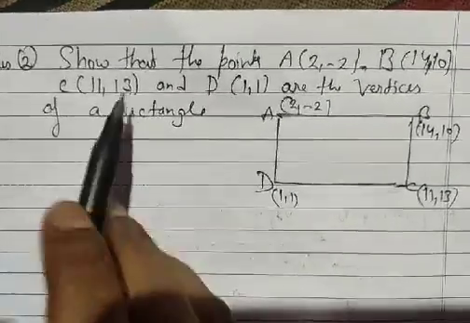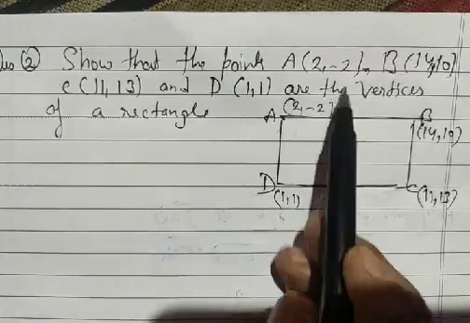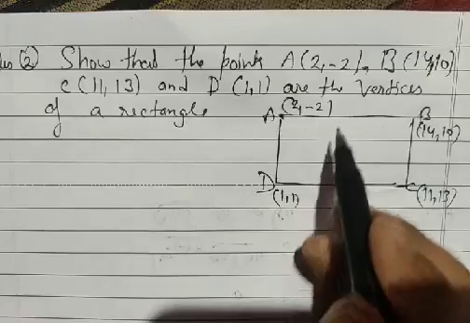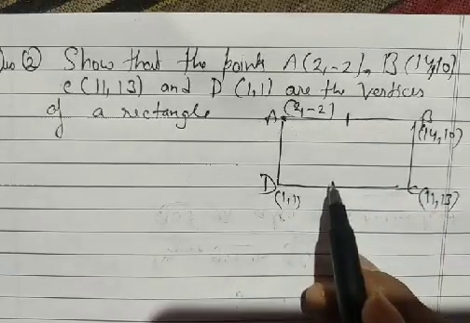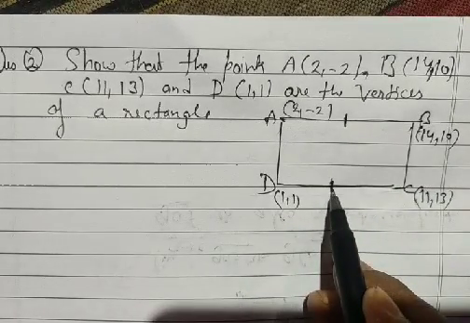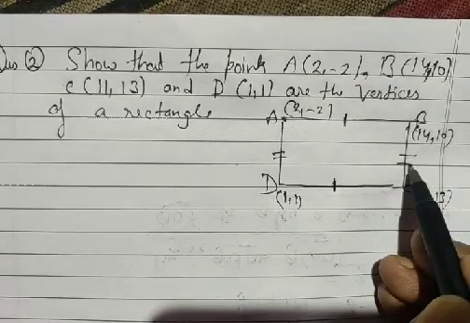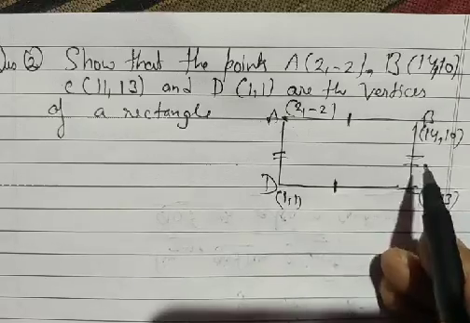Now we have to show that these are vertices of a rectangle. We have to show that our AB is equal to DC, and our AD must be equal to our BC.